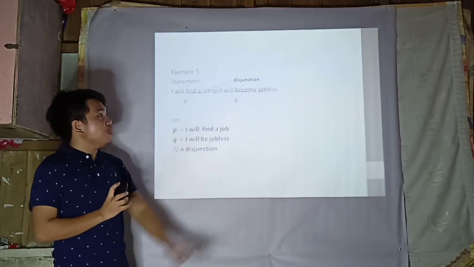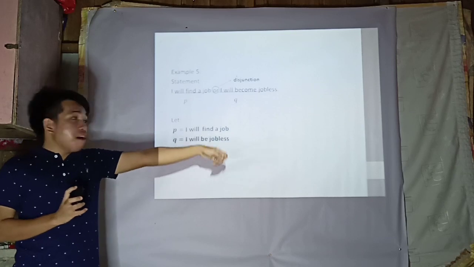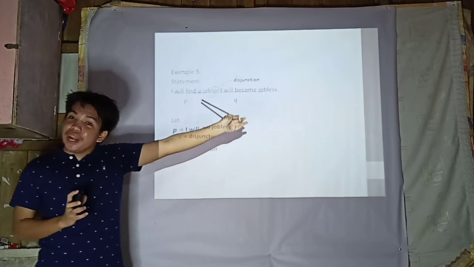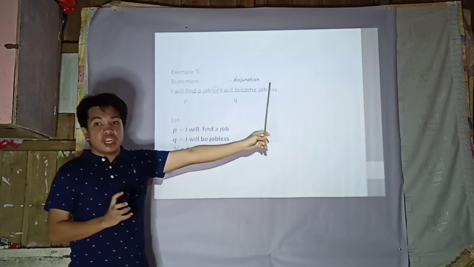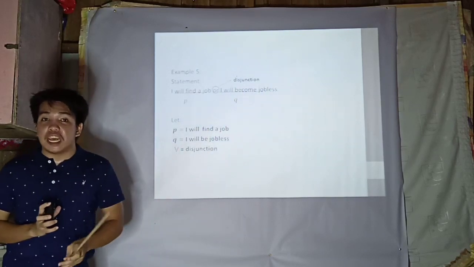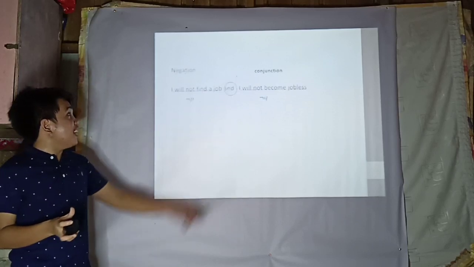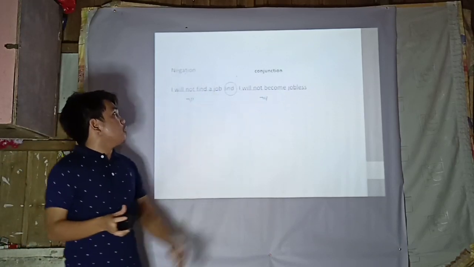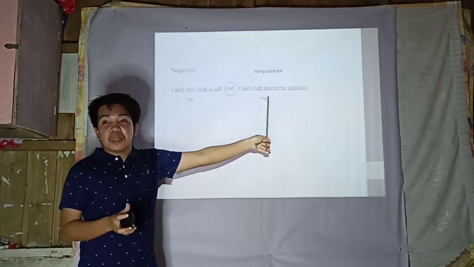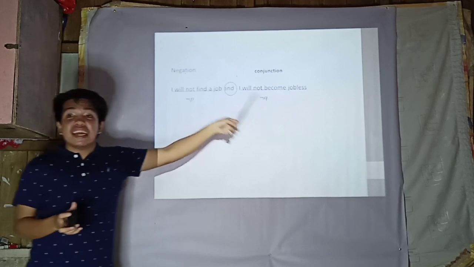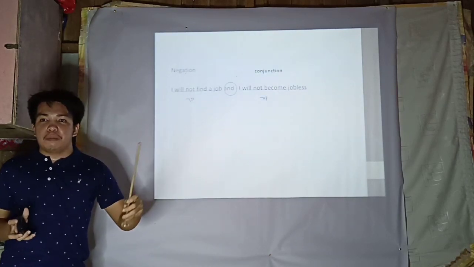And then the Q statement, I will become jobless. And then find the logical operator, disjunction. Then disjunction denotes the word or. By negating the statement, I will not find a job and I will not become jobless. So that is the negation of the statement before.